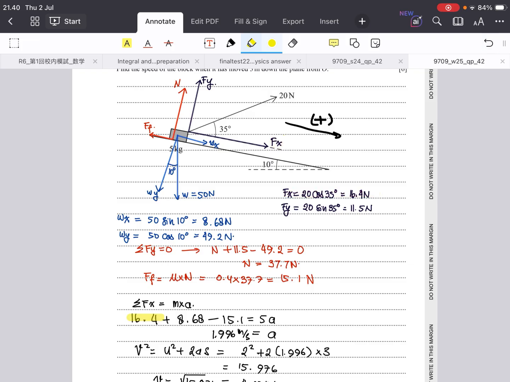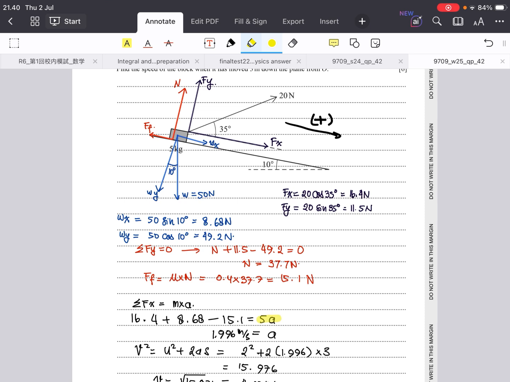It's positive, plus 8.68, which is the x component of the weight, minus the friction force, is equal to m times a.